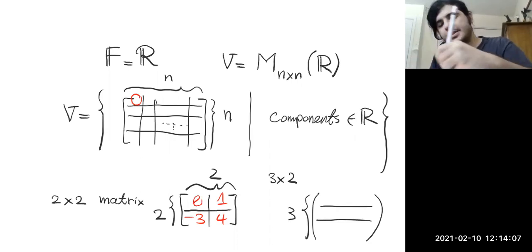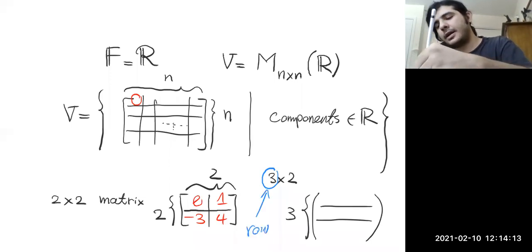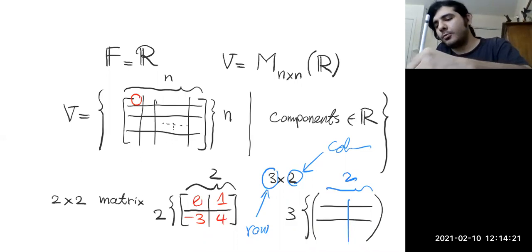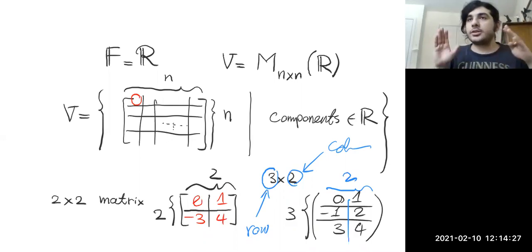The first number is the number of rows, so we have 3, and the second one is the number of columns, so there would be 2 columns. Then you just fill that with numbers, say 1, 0, 1, -1, 2, 3, 4. So it's just a table of numbers, right? At this point, that's just it for us.